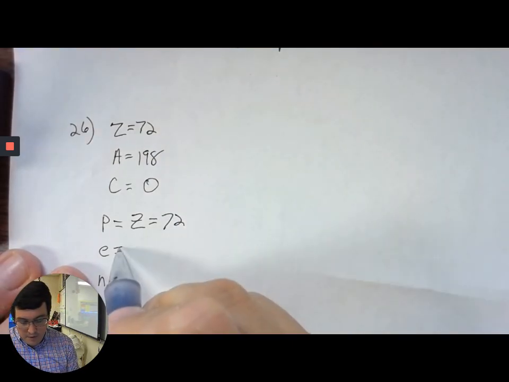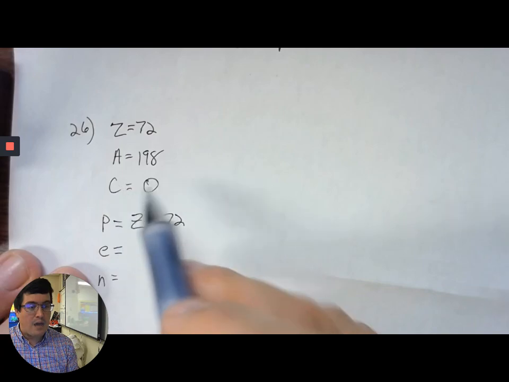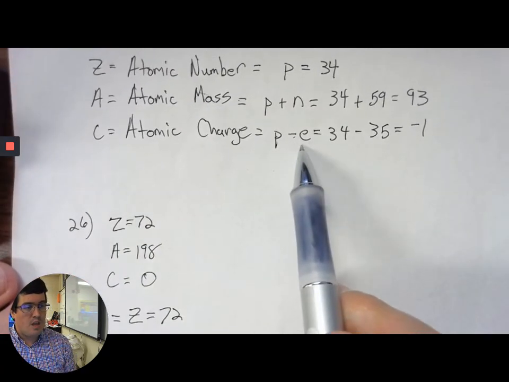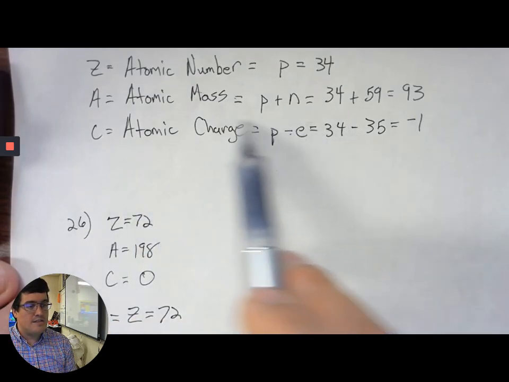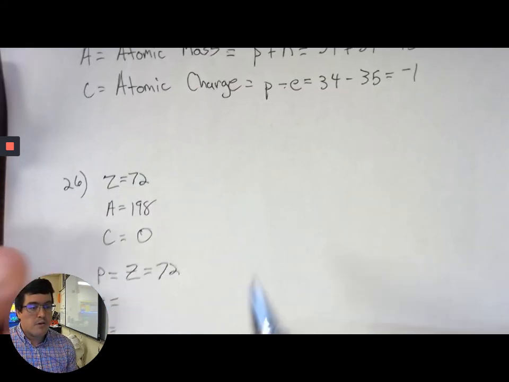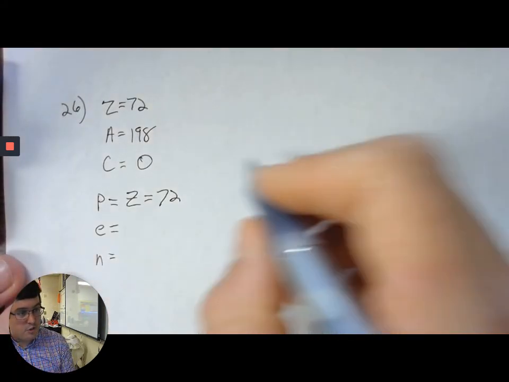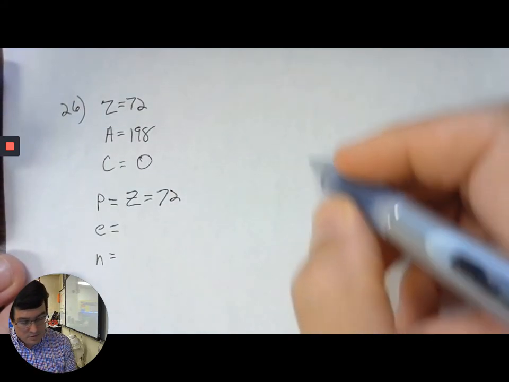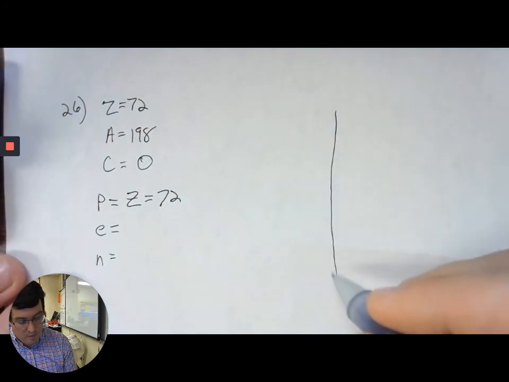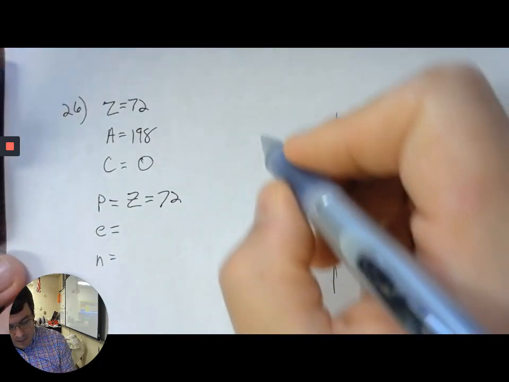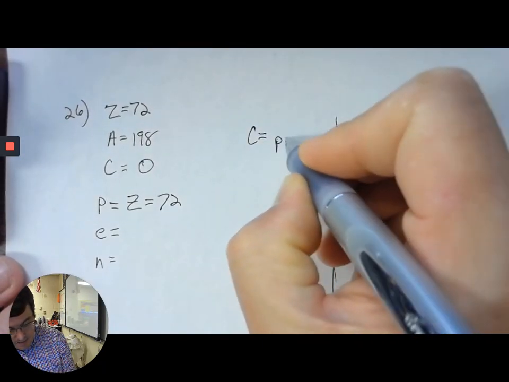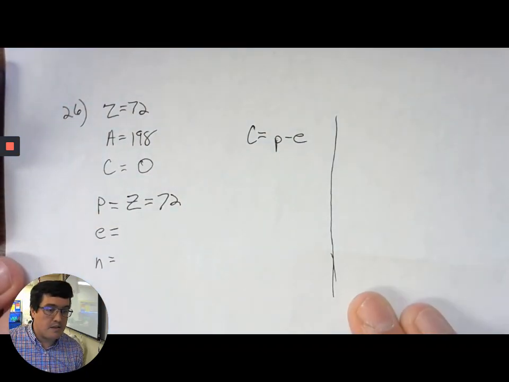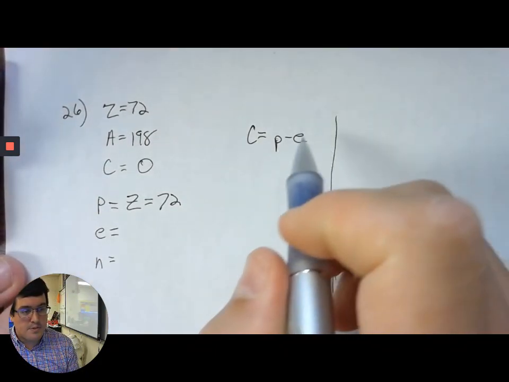Easy enough. For E, we've got to use some math, a little bit of algebra. The only thing we've got here that includes electrons is that atomic charge right there. There are two ways to do this. I don't really care which way you do it, and I'm going to do it two different ways. In one way, we start off with charge equals P minus E, protons minus electrons, and we plug the numbers in.